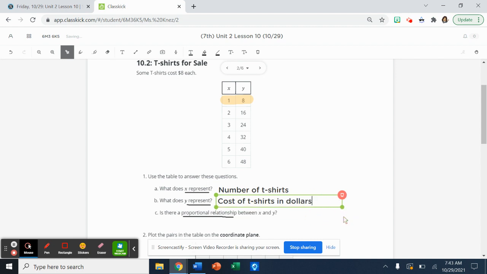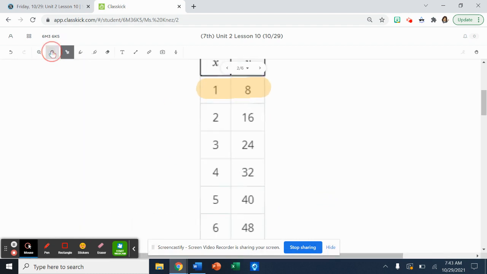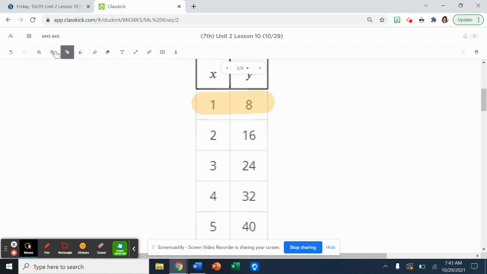Now remember, for question C, when it's asking us to identify whether there's a proportional relationship, we need to look at whether we can multiply every row of the table by the same thing to get from left to right, or right to left. I know that 1 times 8 is equal to 8. I know that 2 times 8 is equal to 16. 3 times 8 is equal to 24.